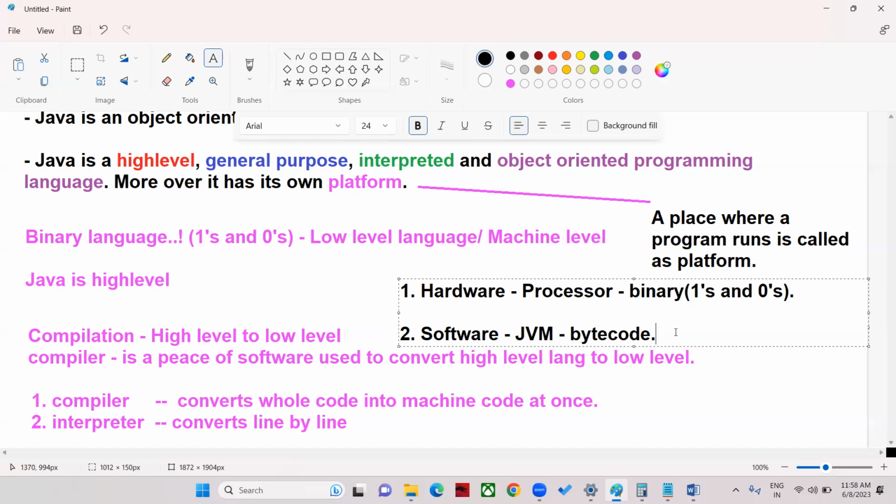What is the hardware platform? Processor is the hardware platform. Processor understands ones and zeros, right?